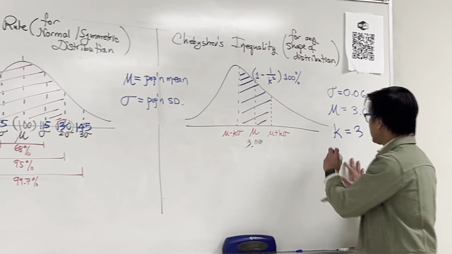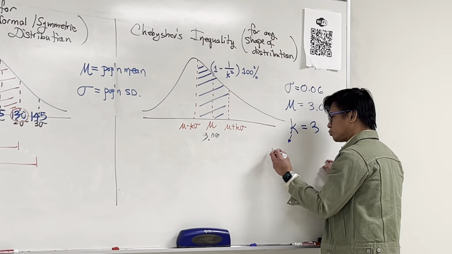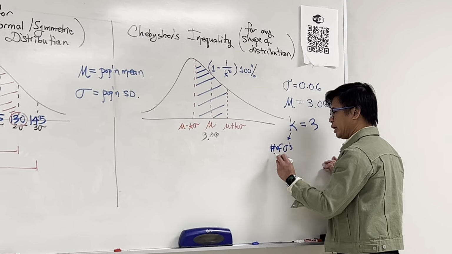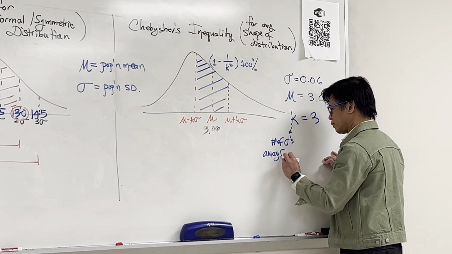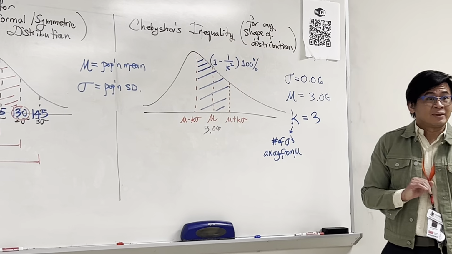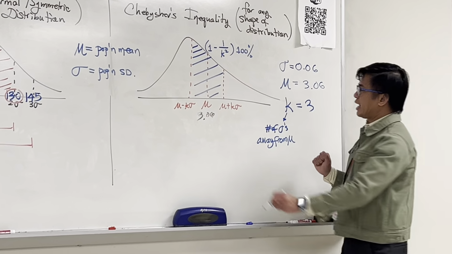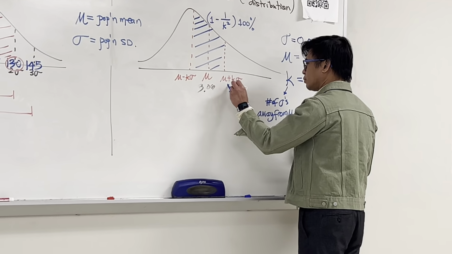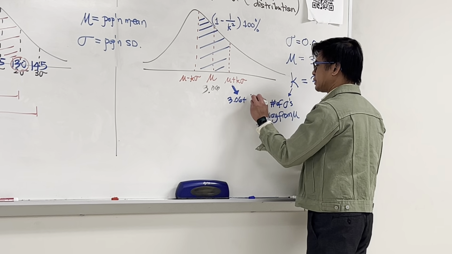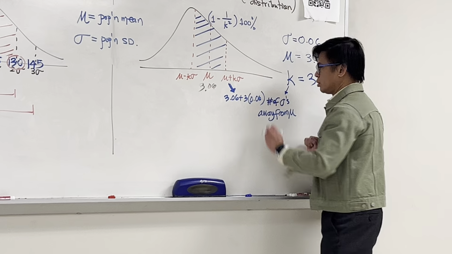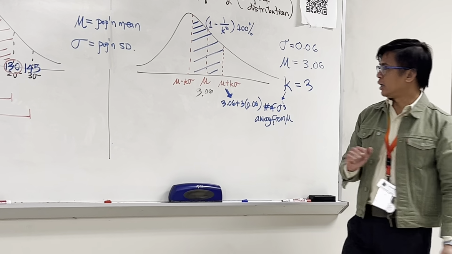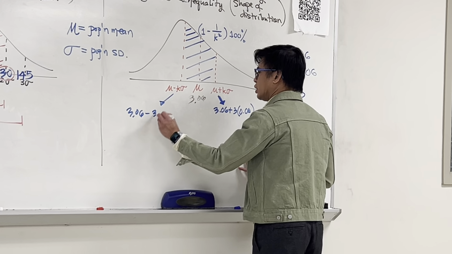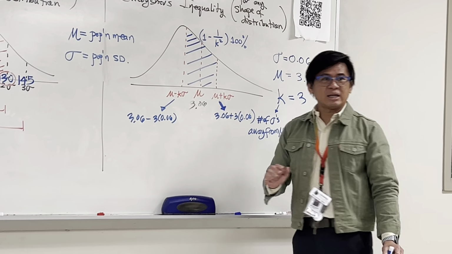Again, K is the number of standard deviations away from the mean. So the upper bound is 3.06 plus 3 times 0.06, and the lower bound is 3.06 minus 3 times 0.06.